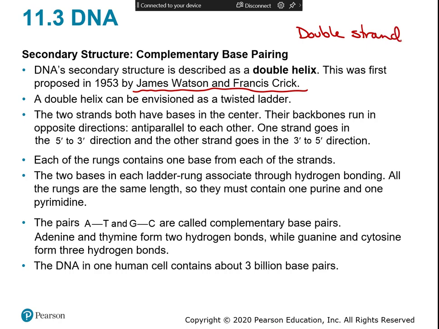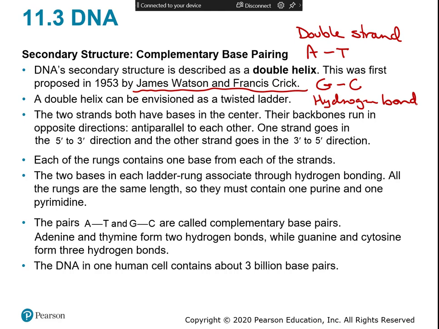That the opposite strands, wherever there's an A, it actually hydrogen bonds and fits with a T. They hydrogen bond, and that's what holds the two strands together like magnets. So you can peel it apart, but it comes right back together. They also found that the strands actually run in the opposite direction.